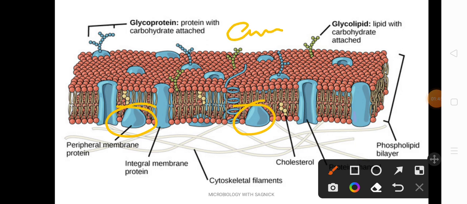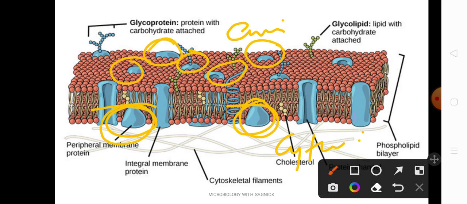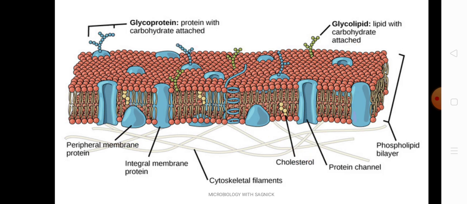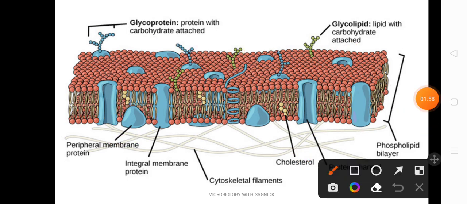If you consider this the environment and this the cytosolic environment, on both sides in the periphery you will find peripheral proteins. Peripheral proteins make up 20 to 30% of the membrane protein in the case of the cell membrane.